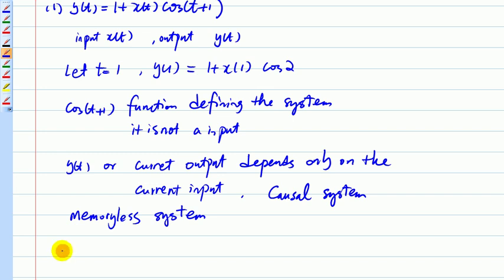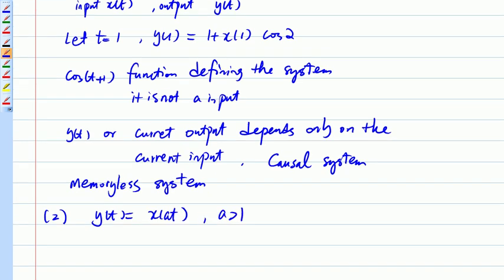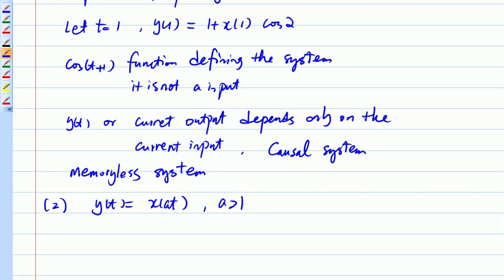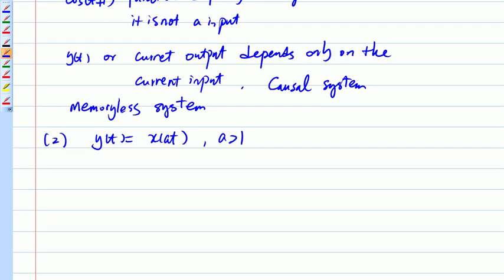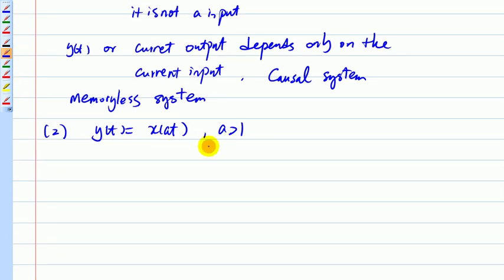Let's take a look at the second one, y of t. The second and third ones are fairly related, like one of your assignment questions. Here we take a greater than 1. I think everybody knows that this is a non-causal system.